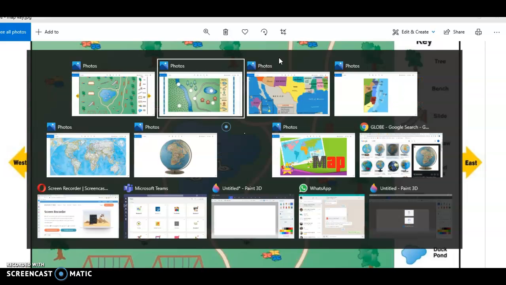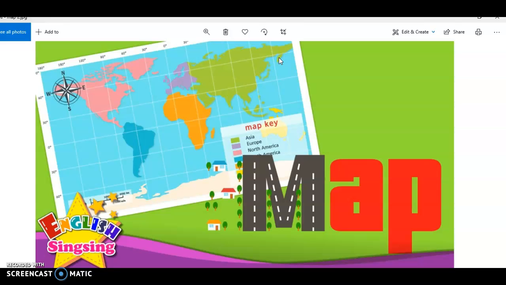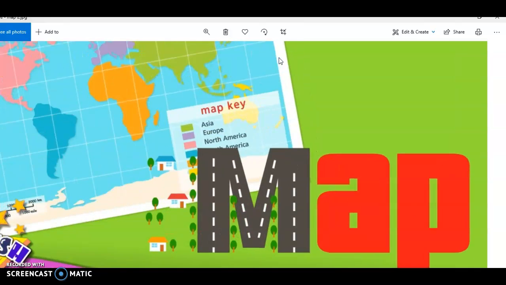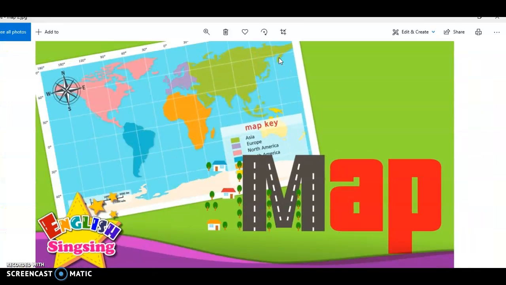And a map in itself, no matter what kind of map it is, whether it's flat or a globe, is just a drawing of parts of the Earth's surface that helps us to know where things are, helps us to find where we're going, and helps us to separate places, like separate countries.